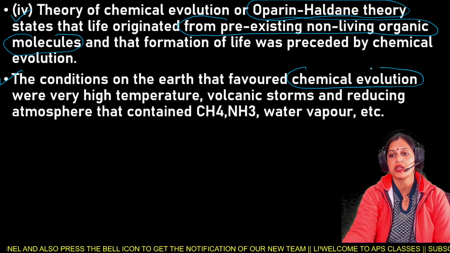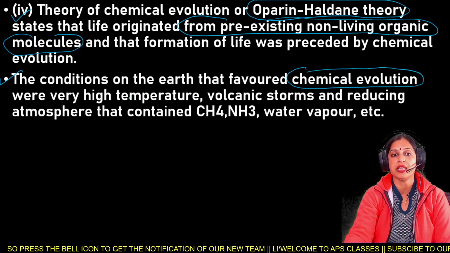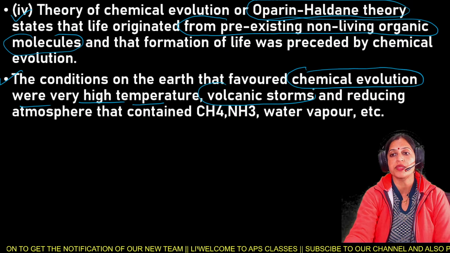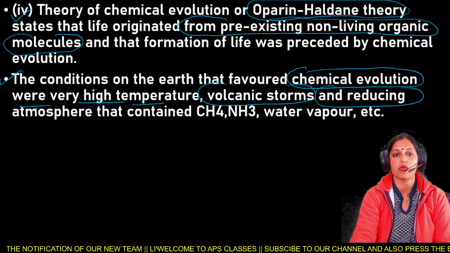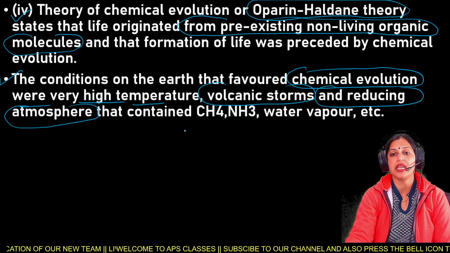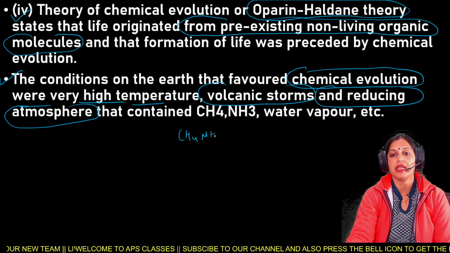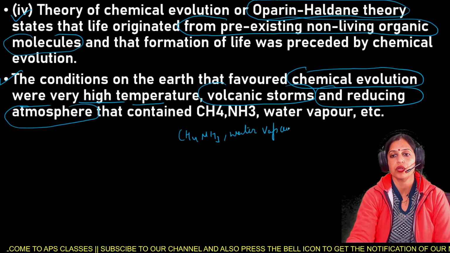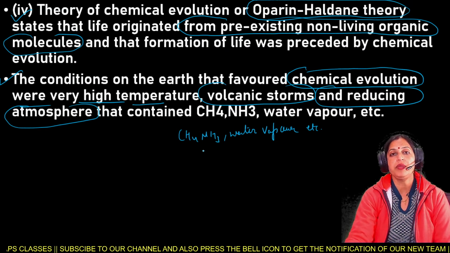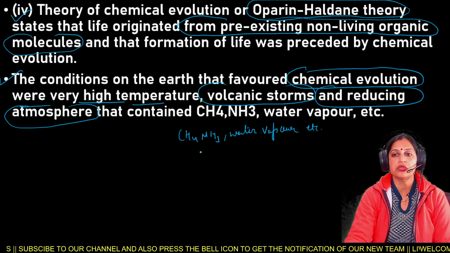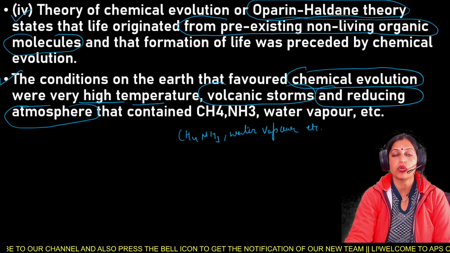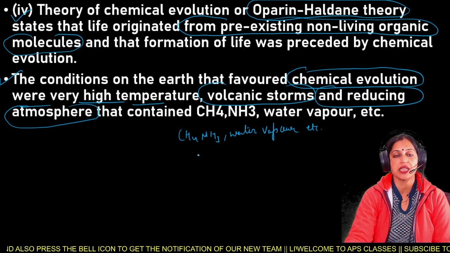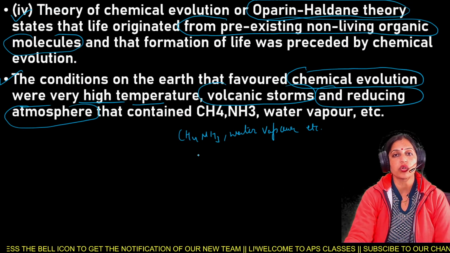The conditions on the earth that favored chemical evolution were very high temperature, volcanic forms, and a reducing atmosphere that contained especially methane, NH3, water vapor, etc.